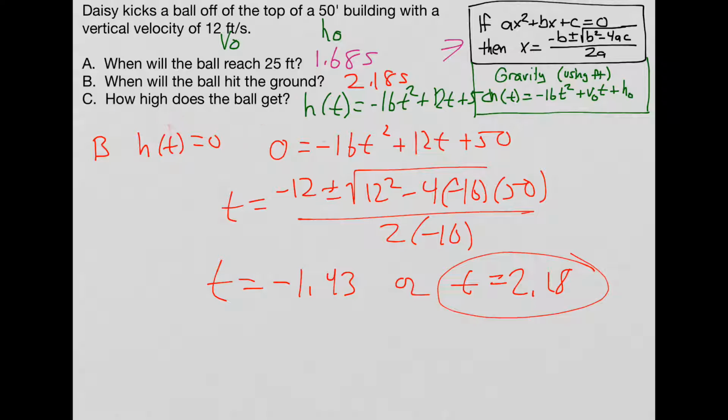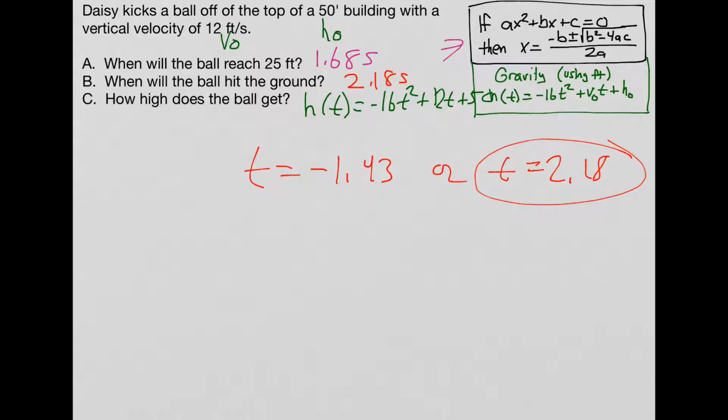Because now we need to know how high the ball gets. For this final one, we want to know how high the ball gets. We're looking for the vertex. So again, we'll use the idea the vertex is going to be halfway between the two roots. So I'm going to average my roots.